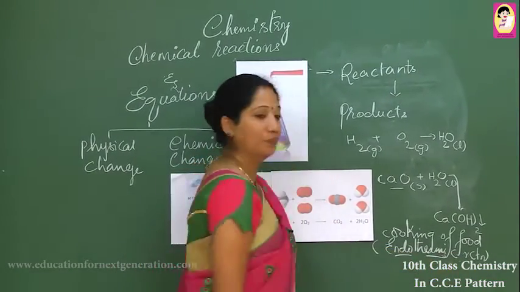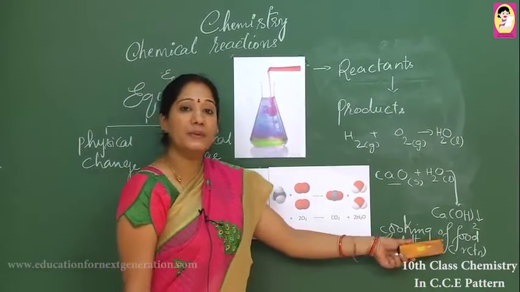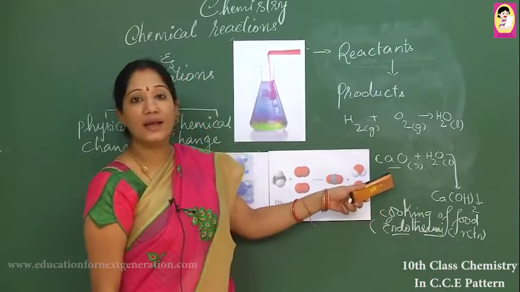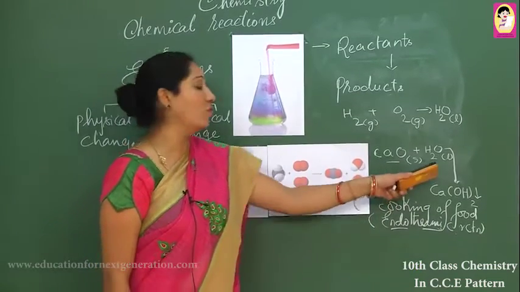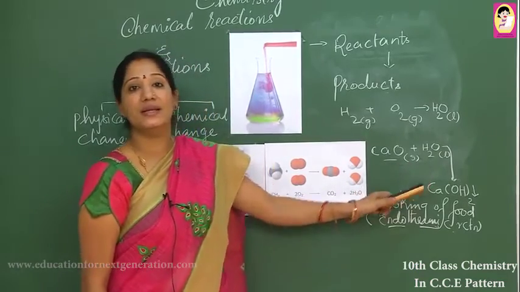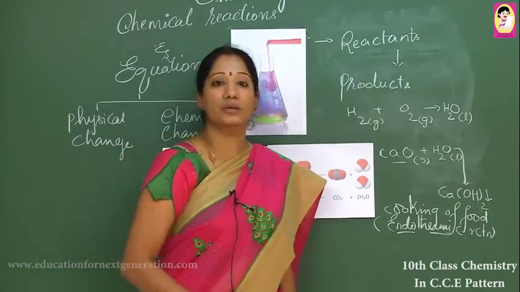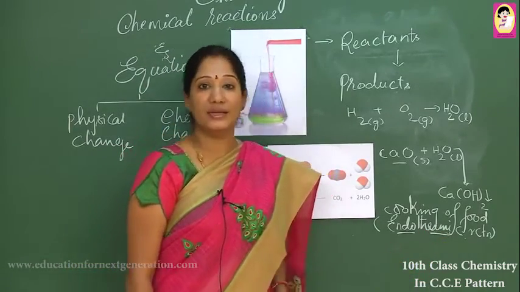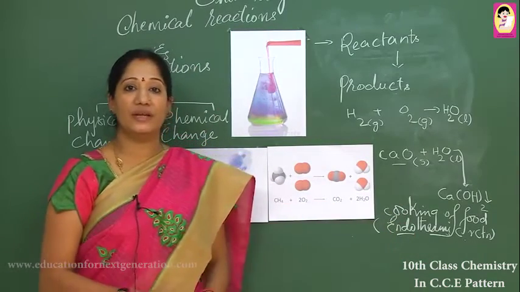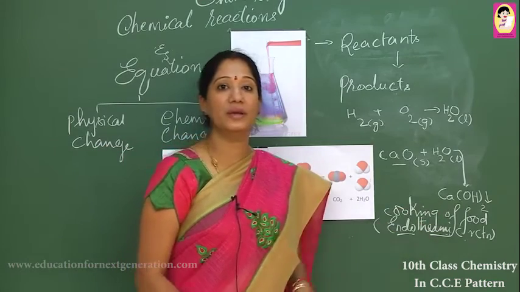Cooking of food is a simple example of an endothermic reaction, and the reaction between calcium oxide, that is quicklime, and water, which liberates heat energy, is an exothermic reaction. Exo means moving out. Therm means the temperature or the heat. Chemical reactions which involve the liberation of heat energy are called exothermic reactions.